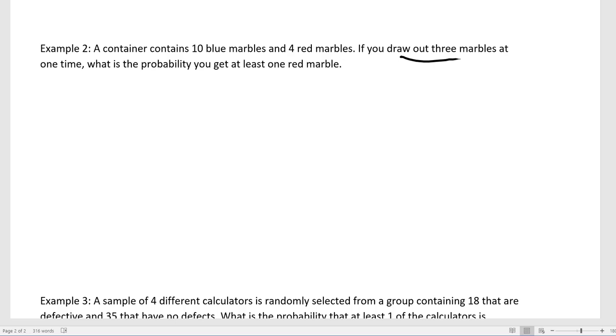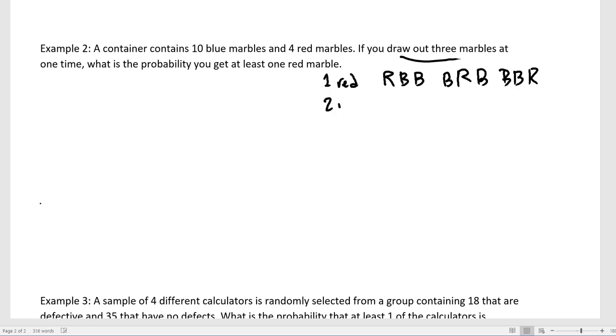So we could have 1 red. But that doesn't have to just happen in that order. It could be blue, red, blue, or blue, blue, red. So that's 1 red.